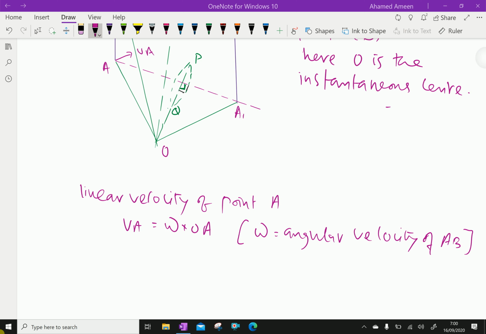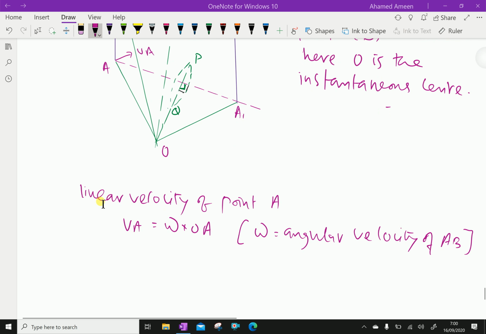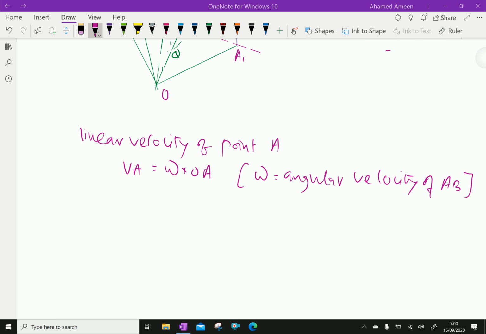Or you can write this as omega equals VA by OA. Similarly, omega, the angular velocity of AB, is VB by OB.